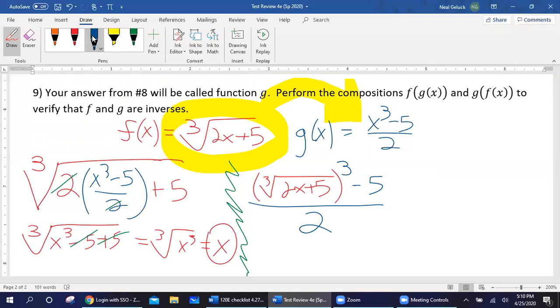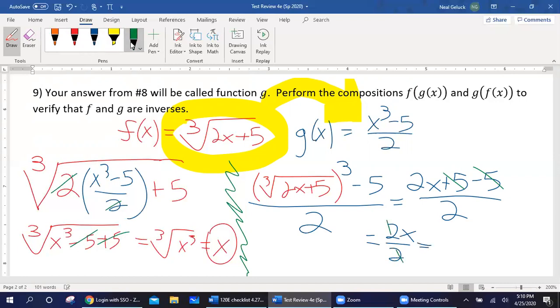The cube root and the cubed cancel out, so that would leave me with 2x plus 5, and then I still have minus 5 all over 2. Plus 5 minus 5 is gone. So now I'm left with 2x over 2. 2's cancel, and lo and behold, I'm left with x. So composing it, f of g and g of f both result in x. That verifies that they are inverses.